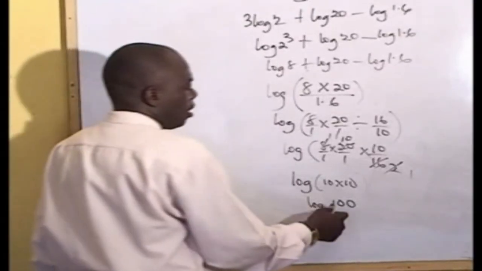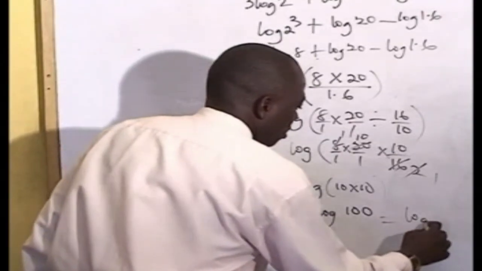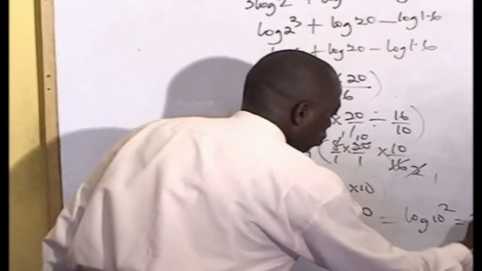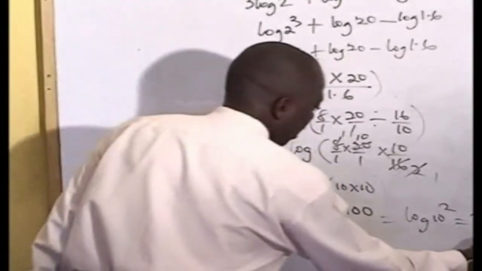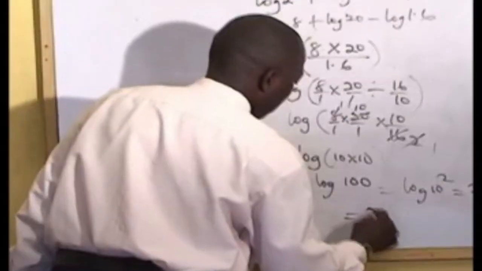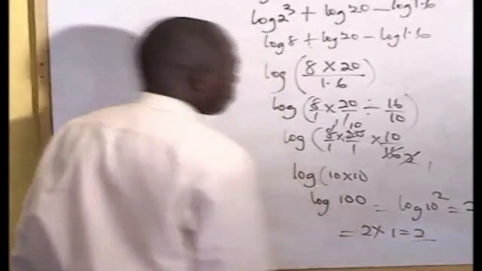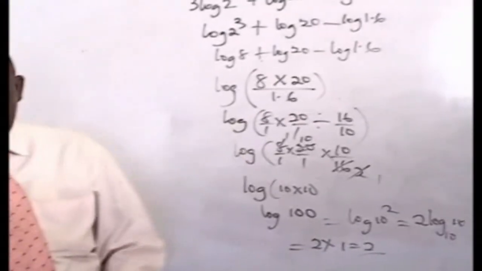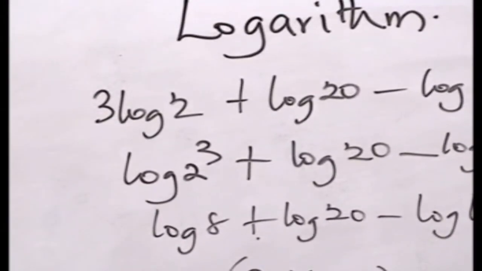So this one can be expressed as log 10 raised to power 2, which again is the same thing as 2 log 10. And then log 10 to base 10 is 1. So the final answer is 2 times 1, which is equal to 2. So these are the examples which you can play over and over again to understand how to handle questions on logarithm.